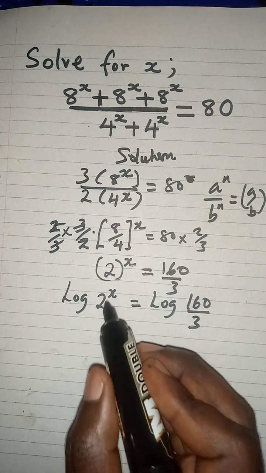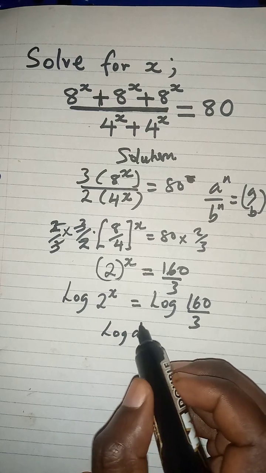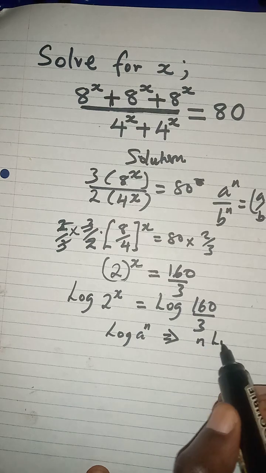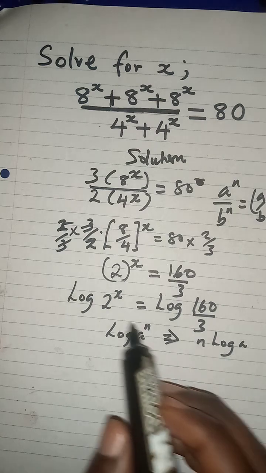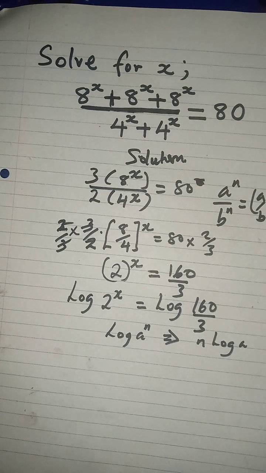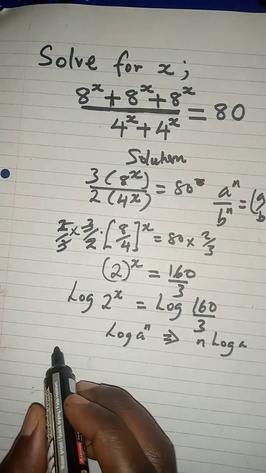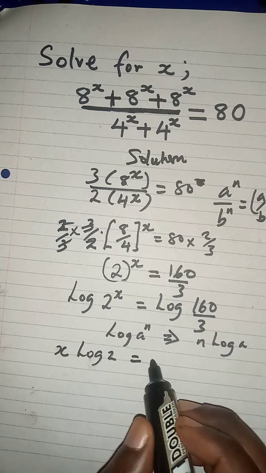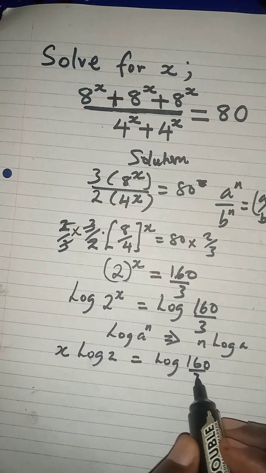Well, if I have the log of a raised to n, then this can simply be written as n times the log of a. So applying this here, it means x is going to come here as x times the log of 2 is equal to the log of 160 over 3.